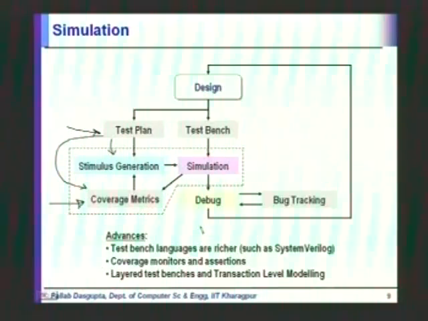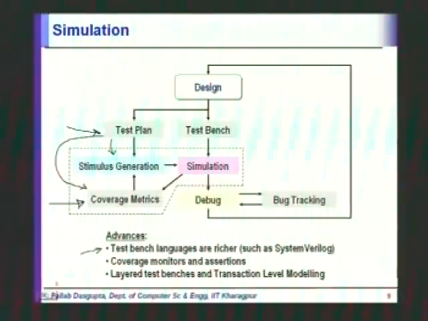Now the advances that have taken place in recent times, as I said, are that test bench languages are richer. Languages like SystemVerilog, where you can do almost everything. It's almost a C-like language for developing your test bench. Like you can have fork join, you can have semaphores, you can have multiple threads.